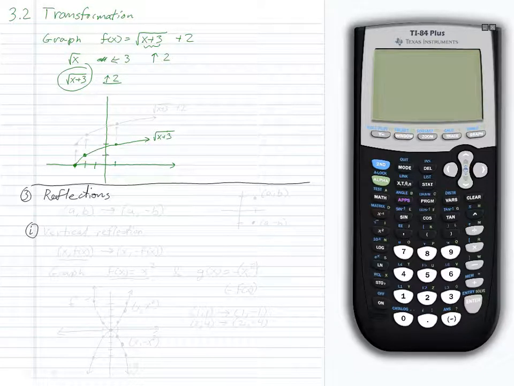So if I take each of those points and move them up 2 units, I will get the function that I am asked to graph. So here we have the square root of x plus 3 plus 2.